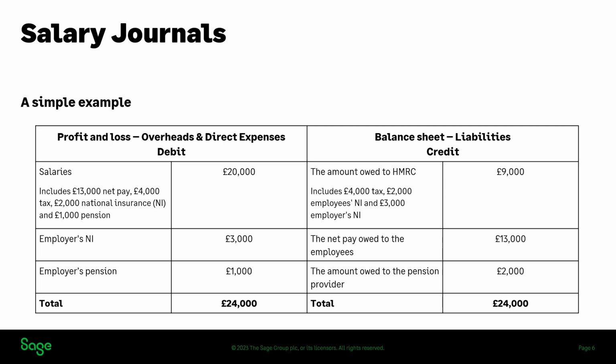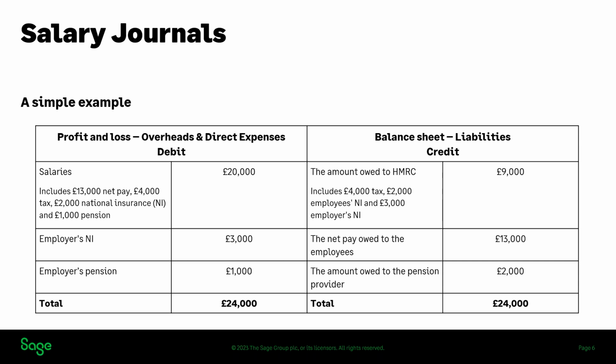So for those of you that actually use the accounting side of the software, what you'll be doing on a regular basis, normally each pay period, is entering some salary journals just to represent the wages that you pay out, and you want to represent that in your accounts. Traditionally that will be done as a journal, so you'd key it in manually within Nominal and journals.